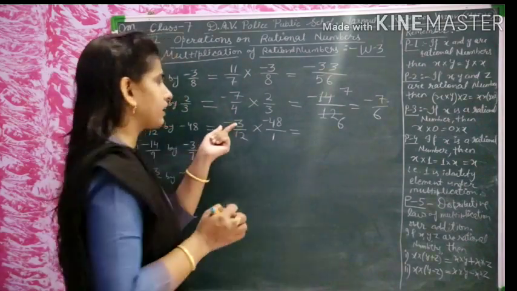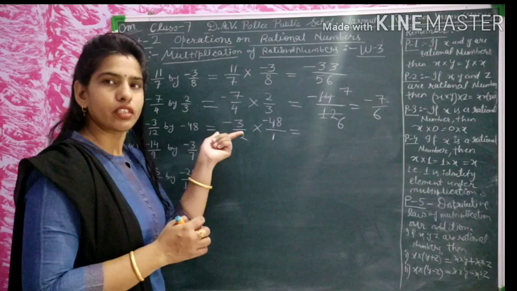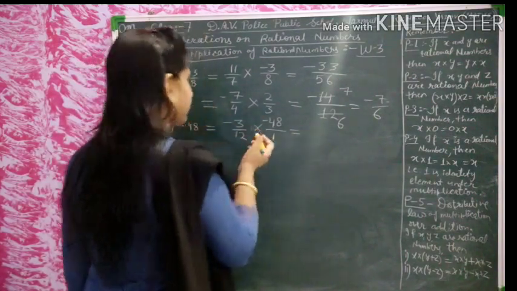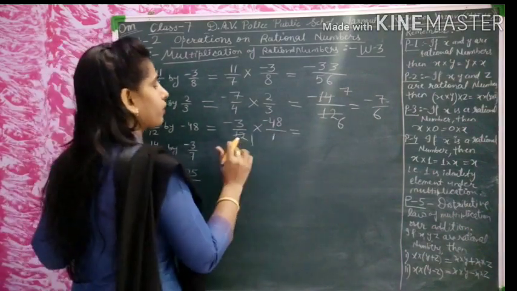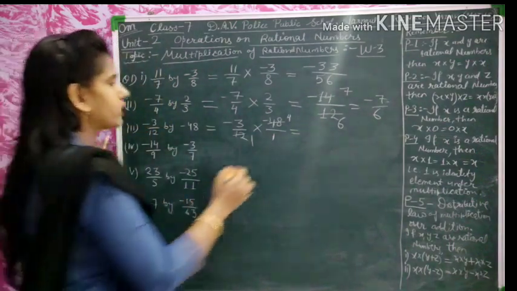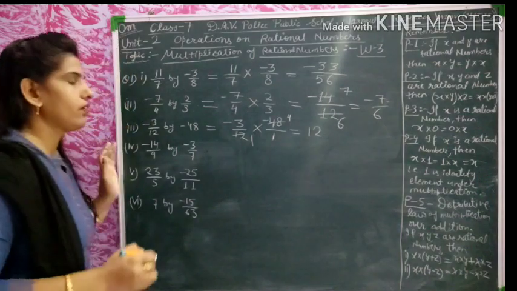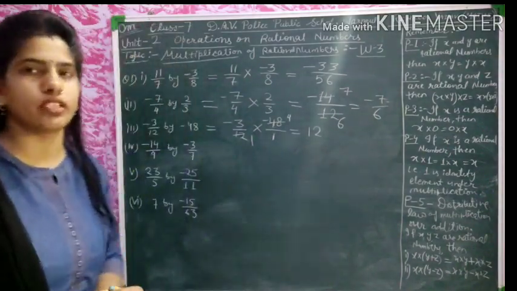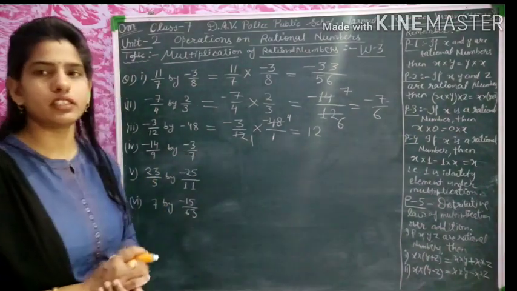Both are multiplying, minus into minus is positive here, and 3 into 48. 12 1s are 12 and 12 4s are 48, and this will get the number 12 divided by 1. There is no need to write down the 1 in the denominator. Is it clear students? Now we will go to the next question.